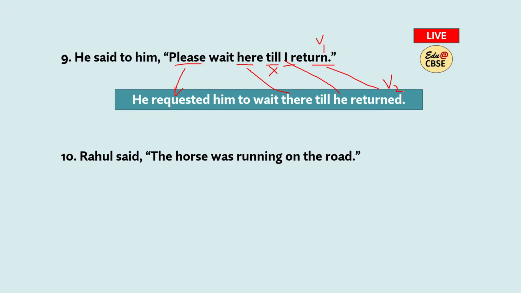A very common mistake that most of you make. Rahul said the horse was running on the road. Suvansh: Rahul said that the horse had been running on the road. Good, Suvansh. I got the correct answer in one go. Very good.